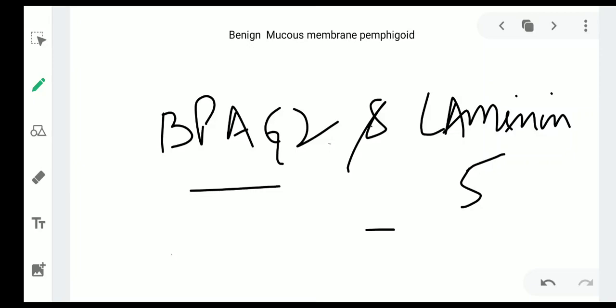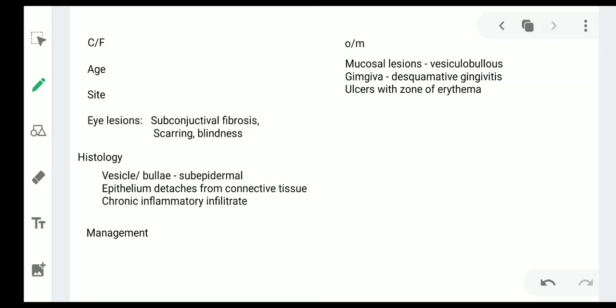Coming to the clinical features, these are seen basically after 50 years of age, most commonly in females. The sites involved are the oral mucous membrane, conjunctiva and the skin. These are the eye lesions which are seen, and these are the oral mucosal lesions which are seen.